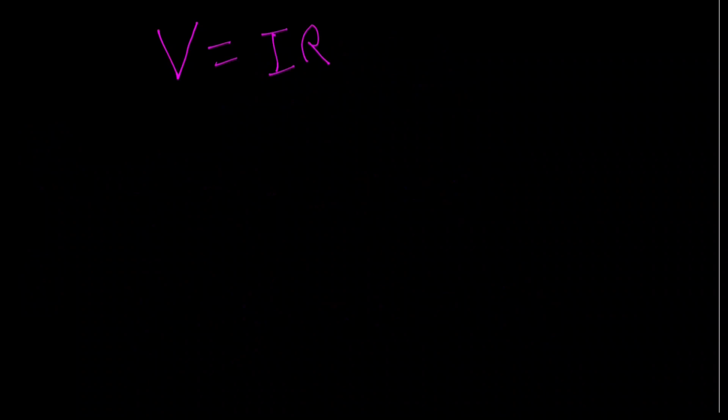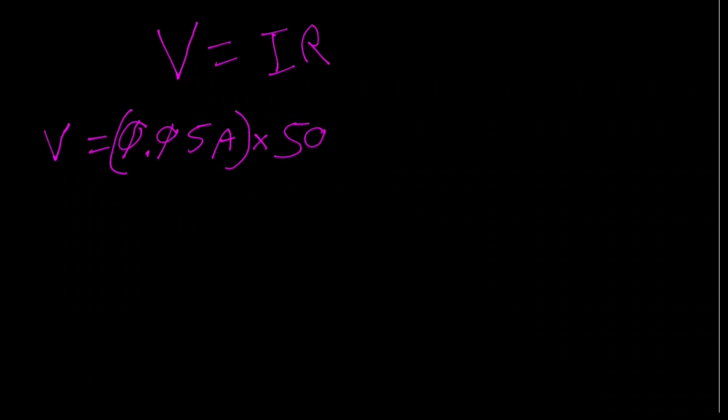Okay, let's start doing some examples. So we'll start off with a simple example to try to determine the voltage across a 50 ohm resistor with a current of 0.05 amps. So the voltage is going to be equal to the current of 0.05 amps, and you're going to multiply that by 50 ohms for the resistance.